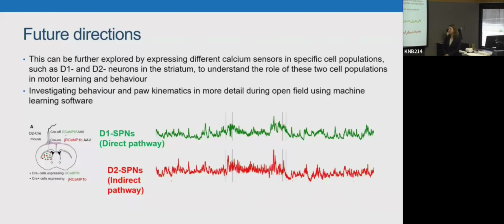Would you expect differences in your pathway activations between the wild type and the Huntington's? Yeah, I would expect that. I'm not exactly sure what they would look like, but with the foot slips, maybe there's less activity during the initiation of a movement. The older Huntington's mice showed that memory deficit in the open field, so maybe there would be something different over time in the open field, where the activity is increasing in one pathway and not in the other pathway. I'm not exactly sure what to expect, but I think we'll find some interesting results with that.